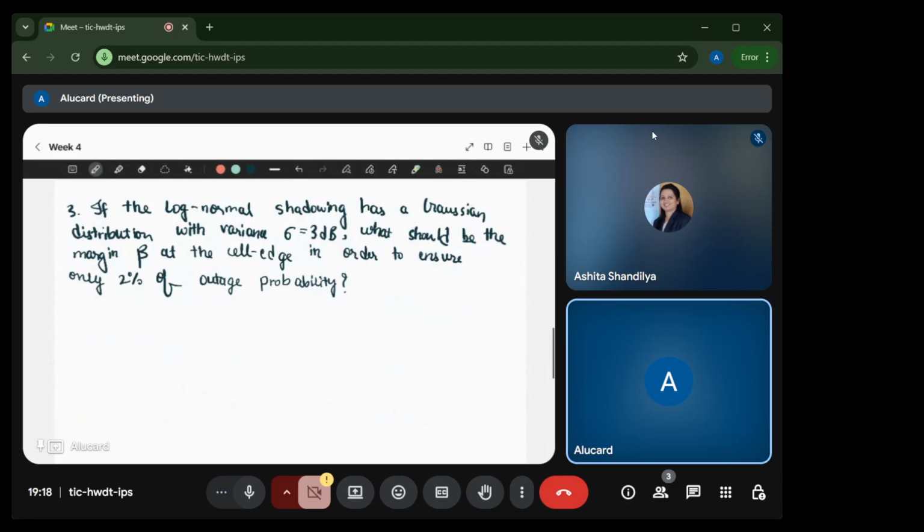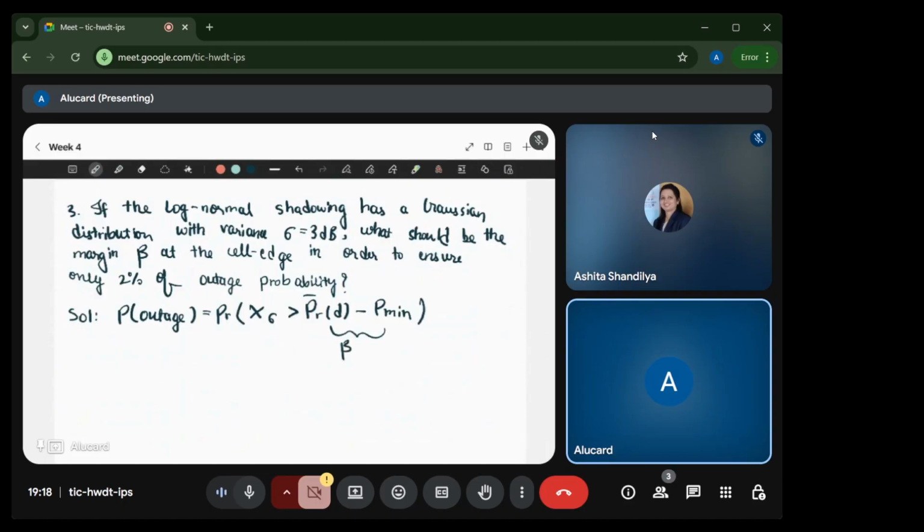So we have seen in class that the probability of outage is equal to the probability that the shadowing is greater than your margin, and the margin is the average power received minus the minimum power you need.